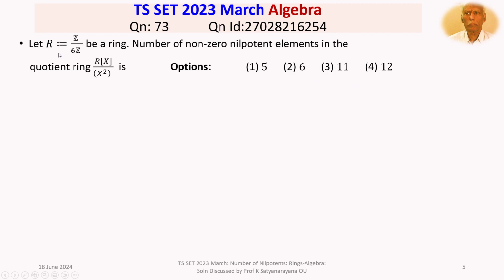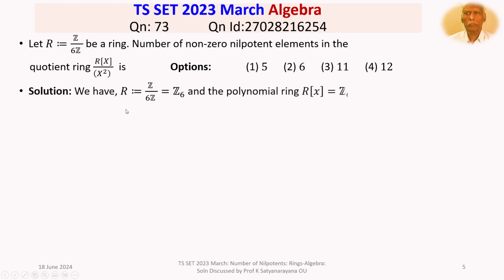So we have a ring R given by Z/6Z and are required to find the number of non-zero nilpotent elements of this quotient ring R[x], that is the polynomial ring, by the ideal generated by x². Let's now discuss the solution of this problem in detail.